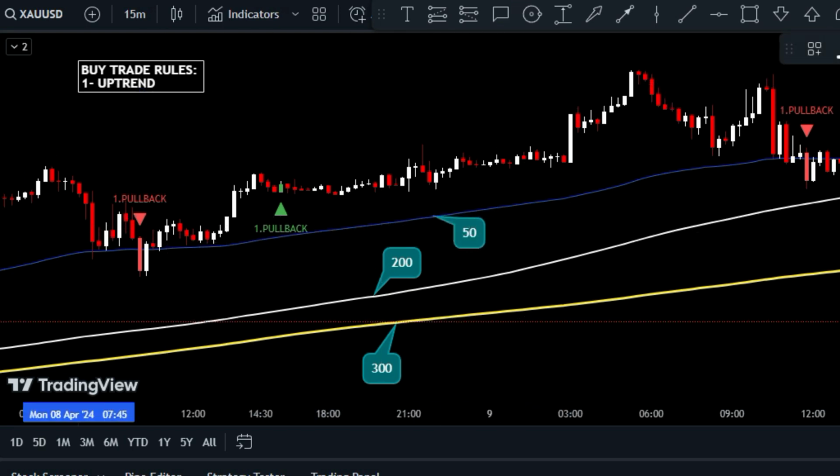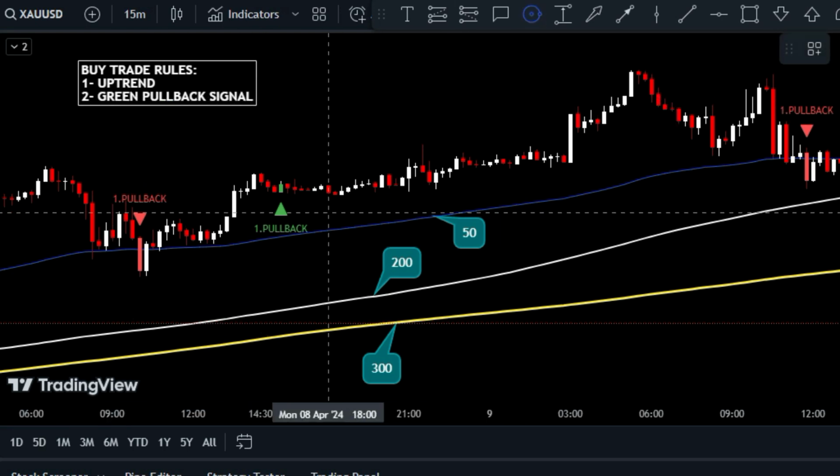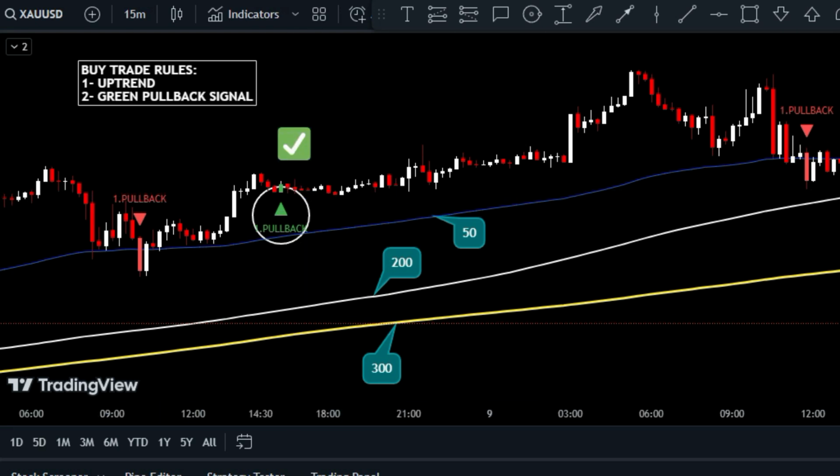Next, keep an eye out for a bullish pullback signal from the EMA pullback indicator appearing under a candlestick. Once you see that, it's time to open a buy position.